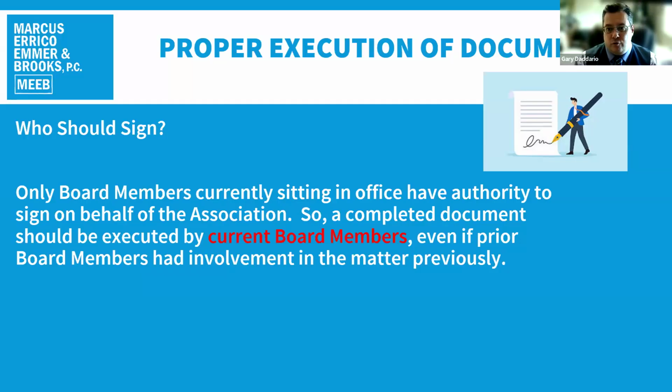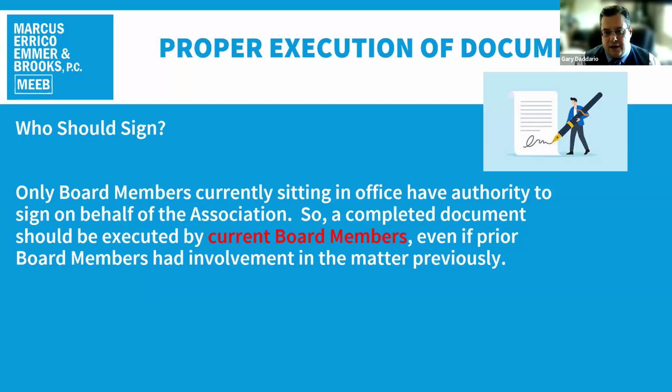The problem, unfortunately, is that from a legal perspective, the only board members who have authority to sign on behalf of an association are the board members in office on any given day. And so it's really a question of when is the contract being signed, like literally what day, and literally what are the members of the board on this day.